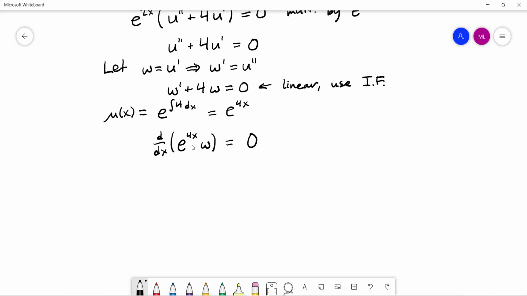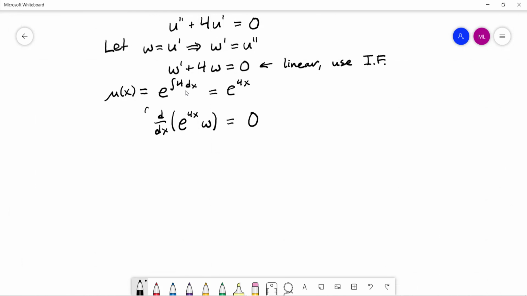When we take the derivative of this product, you'll get first times the derivative of the second, so I'd have e to the 4x times w prime, plus the second times the derivative of the first. So I'd have a w times the derivative of this, which will be 4e to the 4x, and that would pick up the extra factor of 4 that I would have here. We'd have just this with the e to the 4x out in front of it. So we're good. So let's integrate both sides with respect to x.